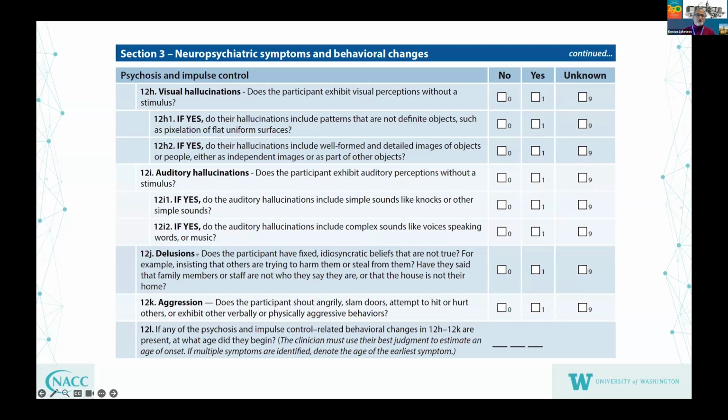Same idea here for auditory. And we have a definition of delusions if the participant has fixed idiosyncratic beliefs that are not true, with a few examples. Aggression is a little bit easier. And so for all of these, again, we're asking you to give us your best estimate as to the earliest age of onset for one or more in this space.